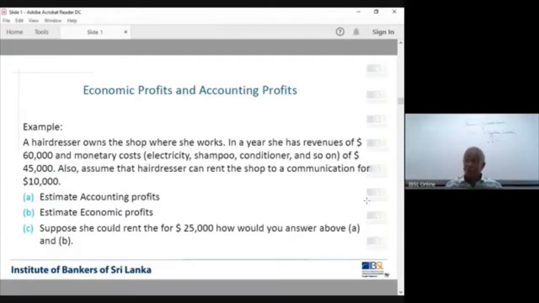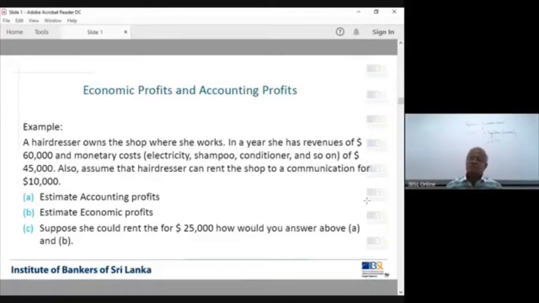Here we have not considered another economic cost, which is the opportunity cost of the owner's time. If the hairdresser can find a job in the formal sector without running this business, how much can she earn? That is another opportunity cost. But here we considered only the accounting cost and the opportunity cost of the premises.